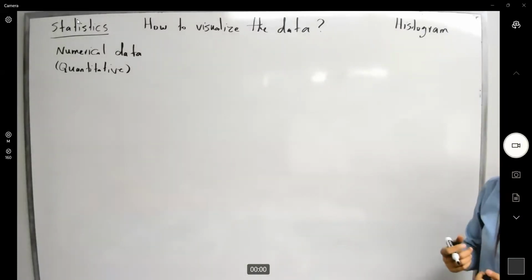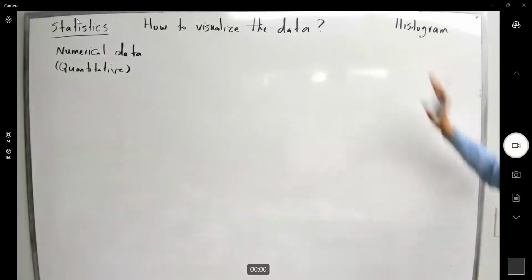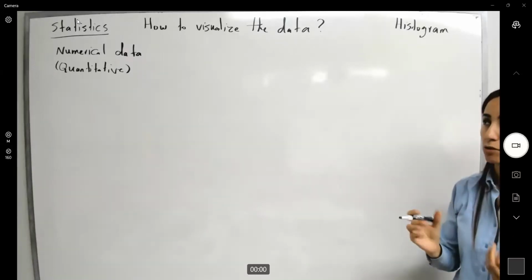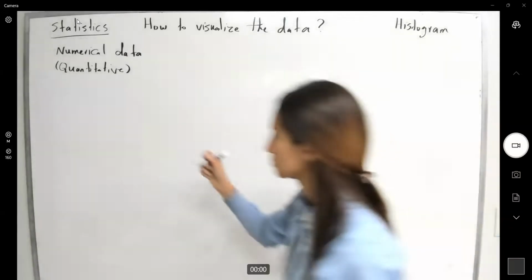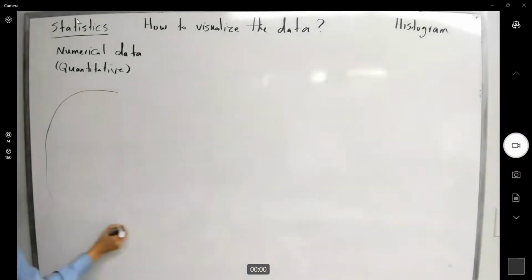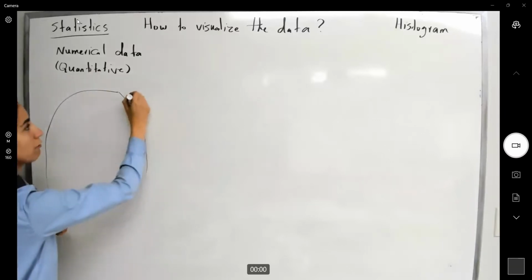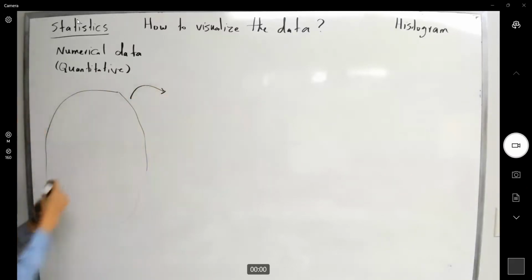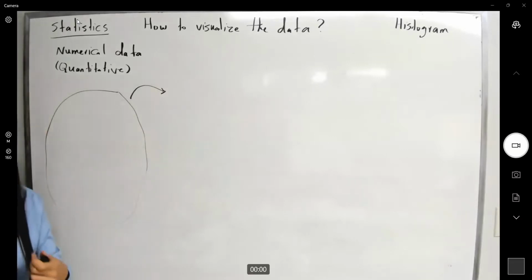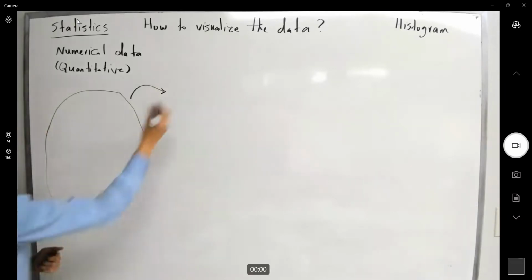So before talking about the histogram, first of all, when you have a collection of data, you need to put these in a nice and compact table. So from a collection of data, first we're going to put this in a frequency table.